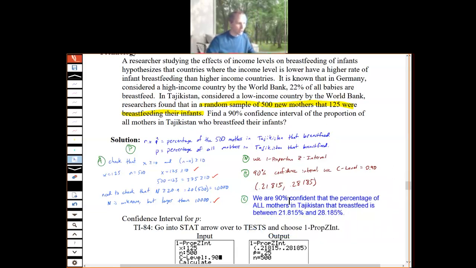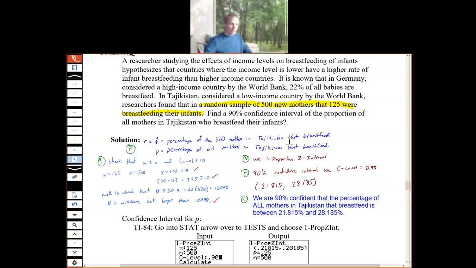Okay, so this is in words what this confidence interval means. We're 90% confident that the percentage of all mothers in Tajikistan that breastfeed is between 21.815% and 28.185%.